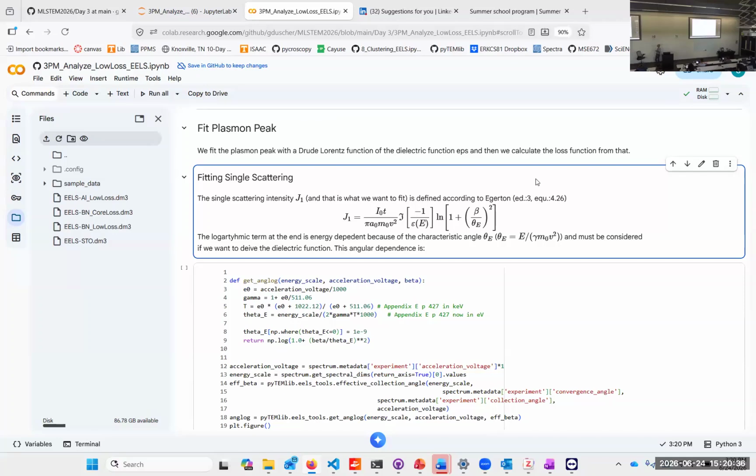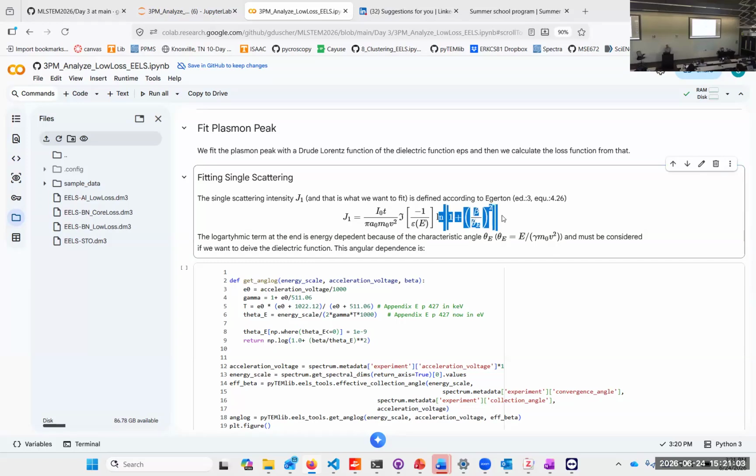And we fit that with the dielectric function. And we take the loss function from the dielectric function. That is this part here. And we do the angle dependence. We had a little bit different format of the dependence before.